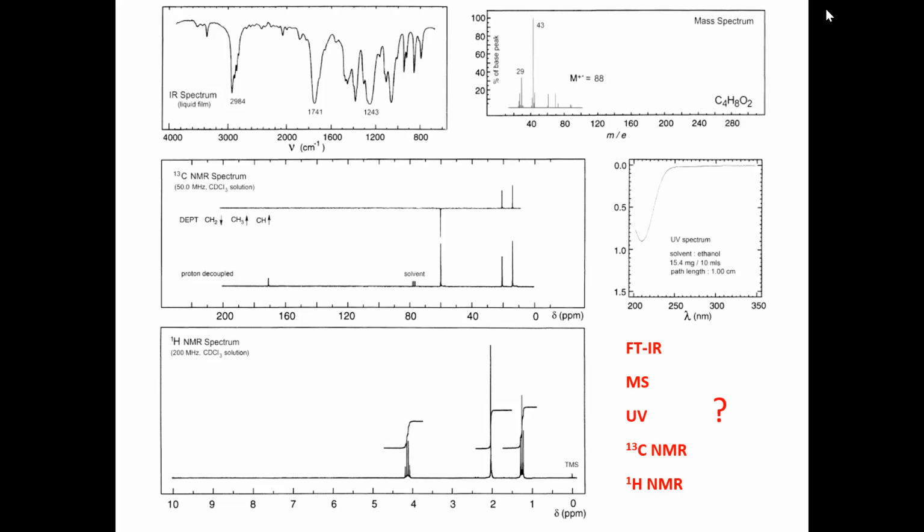Any idea what this molecule is? All considered, we have a carbonyl, which is not a ketone. You have 2 oxygens to accommodate in your molecule. One of the oxygens goes to the carbonyl. The other oxygen might be an ester. We know because of the position of this carbon.